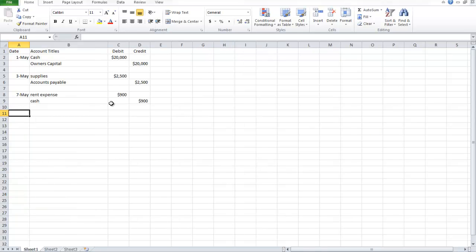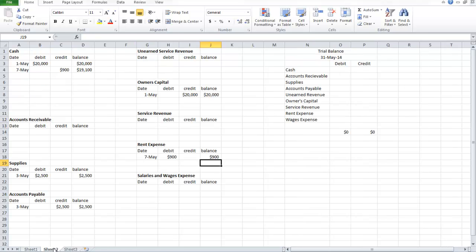Okay, the next transaction is May 11th. It says completed a tax assignment and billed a client $3,200 for services performed. Since there was a bill for services and the company did not receive any money, accounts receivable is generated, i.e. it's a bill for the services provided, and there's a corresponding credit to service revenue.